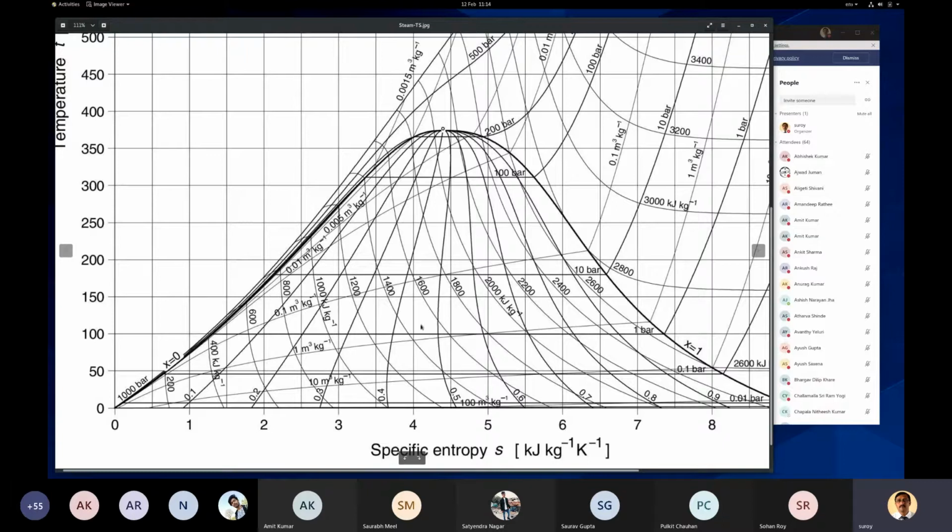In between, it is assumed that the property varies linearly with x. X varies from 0 to 1, and the property also varies linearly from the saturated liquid condition to the saturated vapor condition. So you can interpolate and find out the intermediate properties.